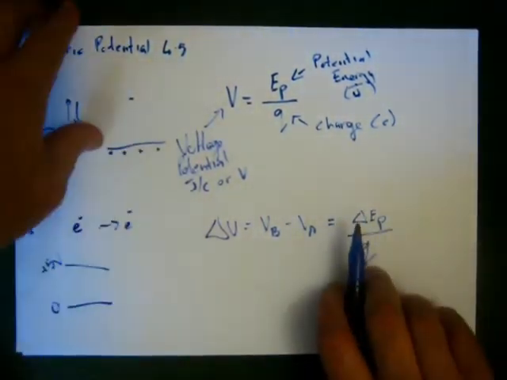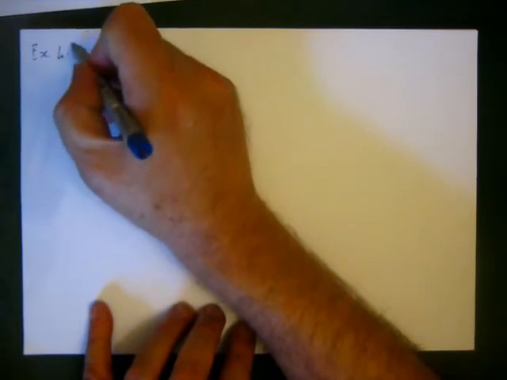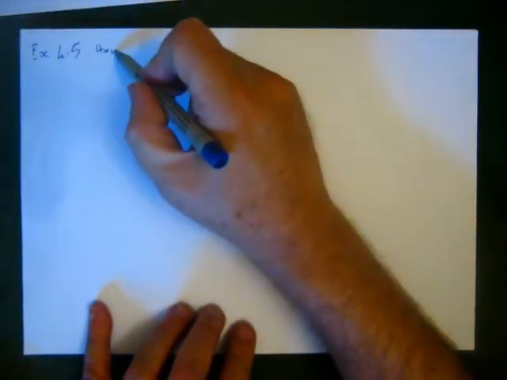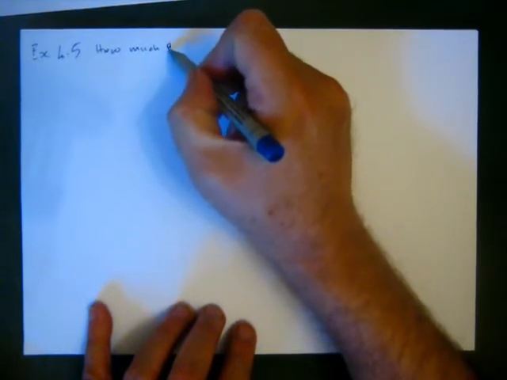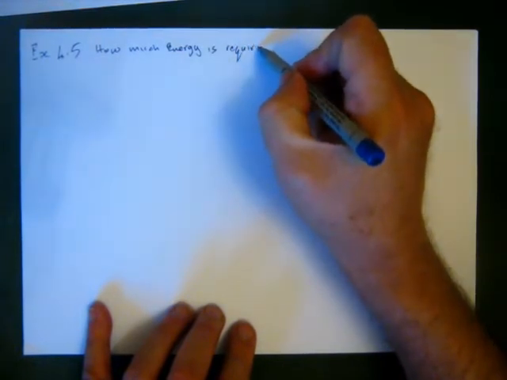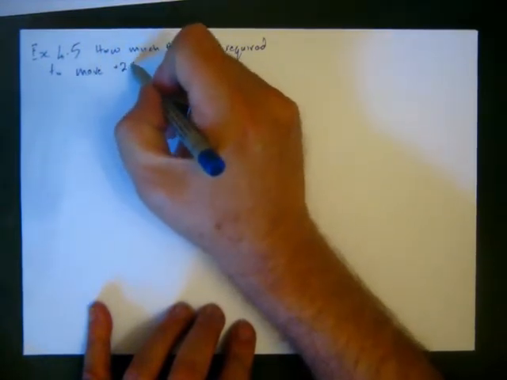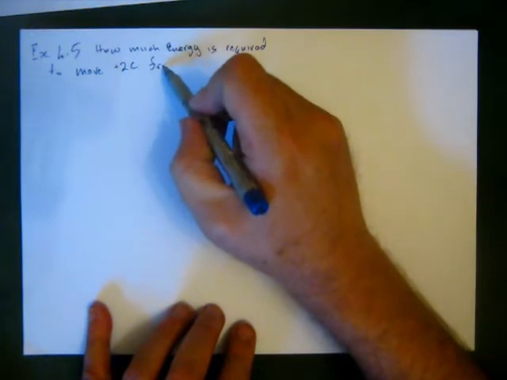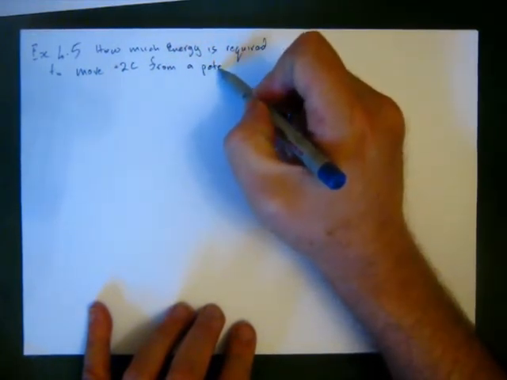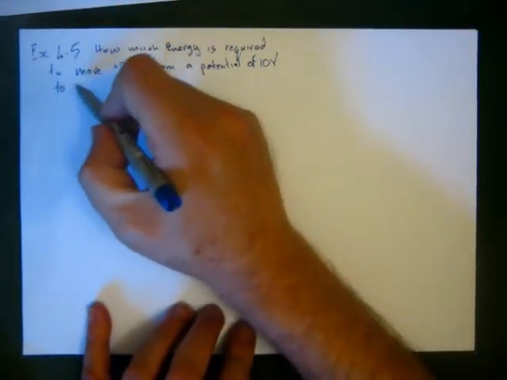So let's actually try a couple of examples of this. This is getting a bit philosophical, I know, but let's do exercise 4.5. How much energy is required to move plus 2 coulombs from a potential of 10 volts to 20 volts?